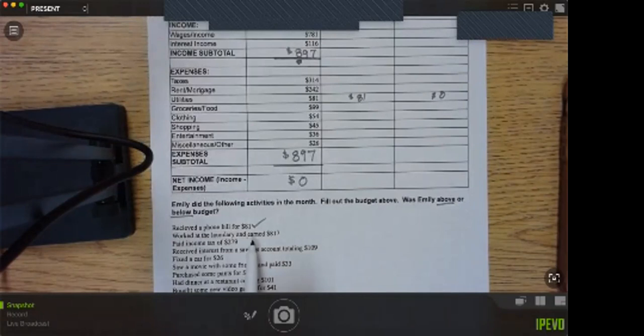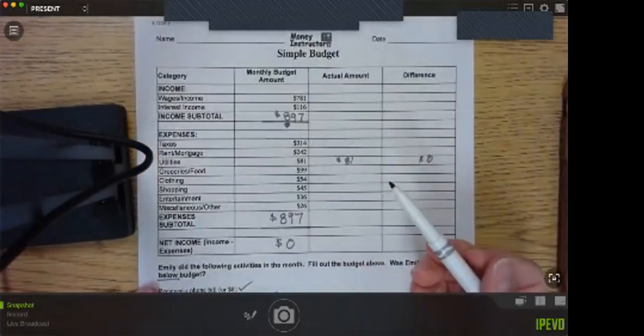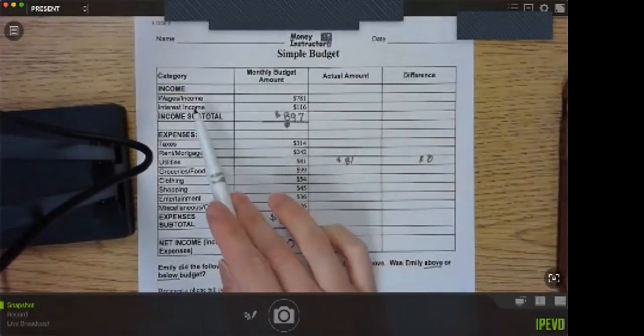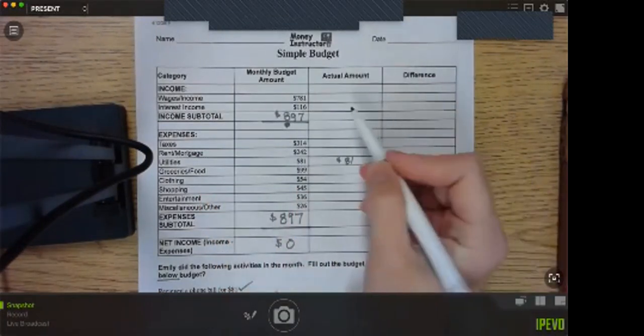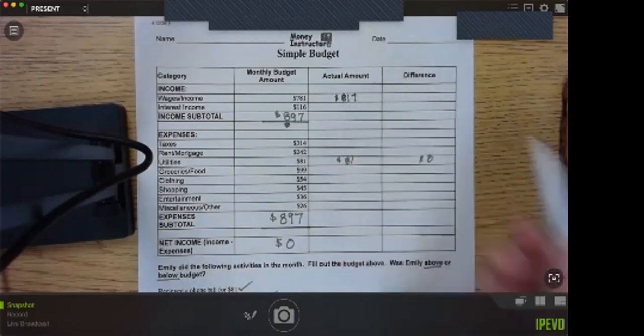The next one says she worked at the laundry and earned $817. So let's take this $817 to her wages and income, $817.